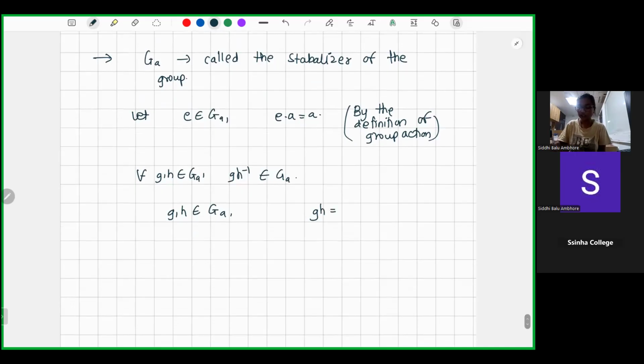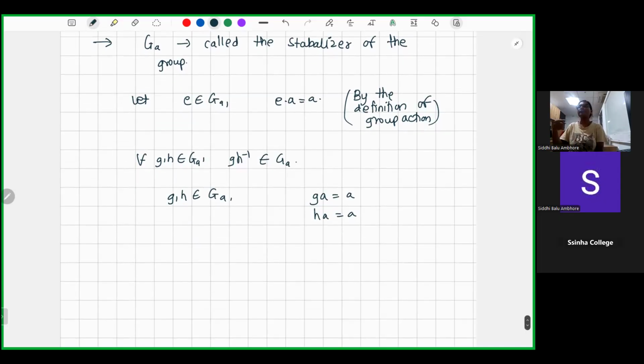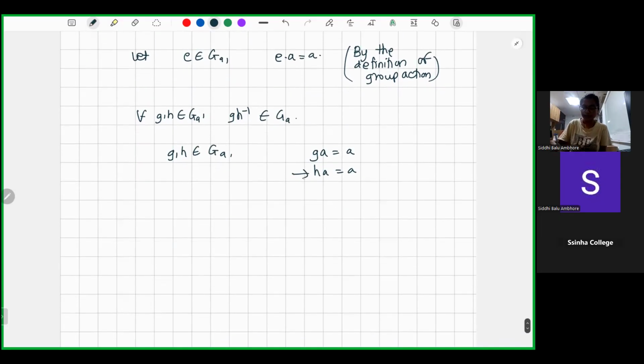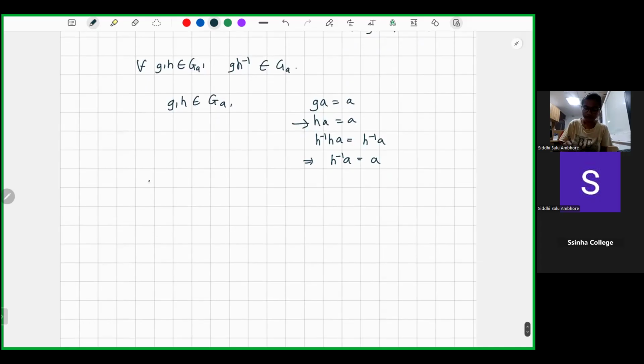That GA is equal to A and HA is equal to A. Okay, and if I pre-multiply both sides by H inverse, what I get is H inverse HA is equal to H inverse A. And now this gives me H inverse A is A. So therefore, the moment H belongs to my GA, its inverse also belongs to my set. So G belongs to my GA and H inverse also belongs to my GA.